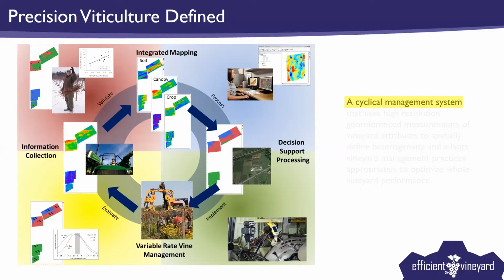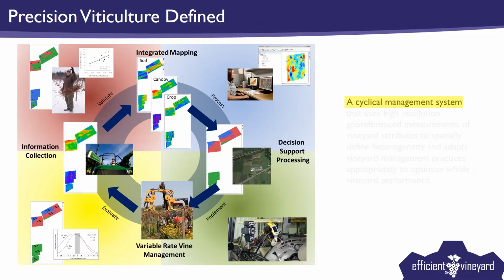We're processing, layering, and interpreting that data, and maybe visualizing it in the form of a map. Using that data, we're gonna make a decision, right? We're gonna do something with it. And that's where the variable rate technology comes in. Maybe we're gonna use variable rate technology to implement the decision we use with that precision viticulture data.